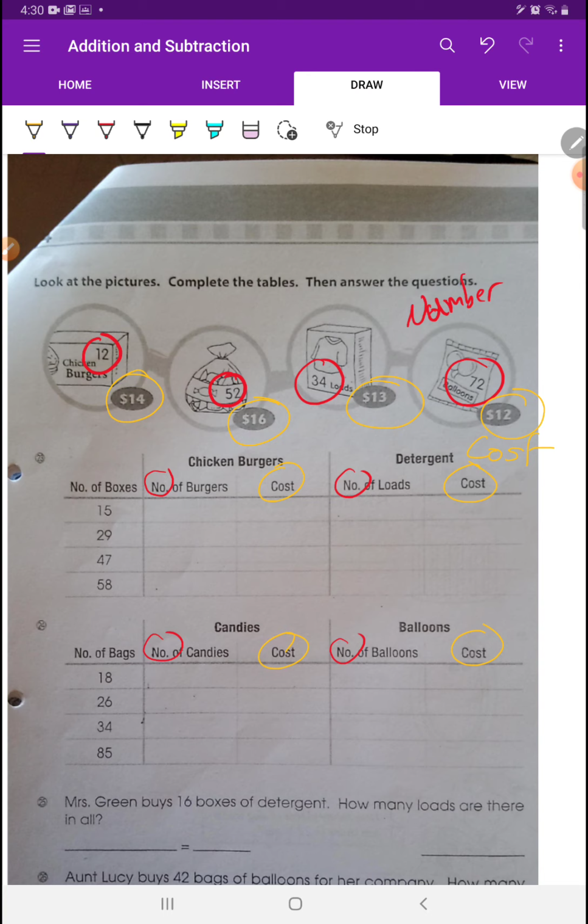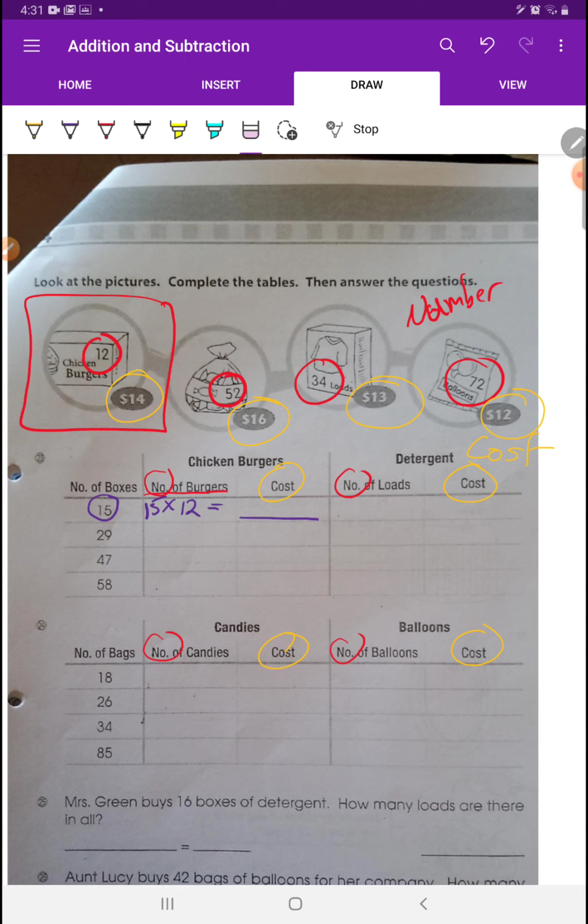So what you're doing here, for example, is for the first part here, we're looking at the chicken. So we're going to look at this. And the first question is number of burgers, number of chicken burgers. So if I get 15 boxes, that's this number right here, and there are 12 burgers in each box, what's the cost?